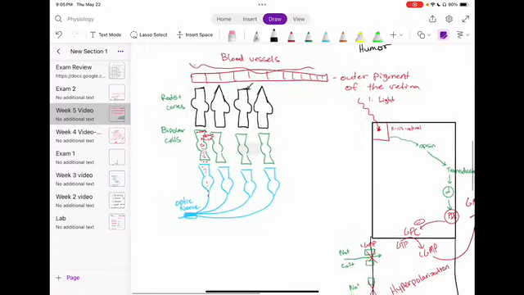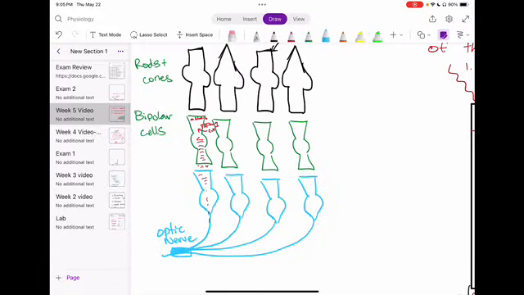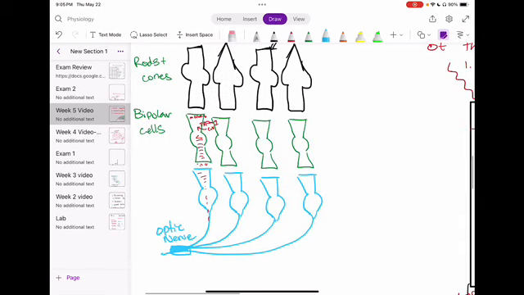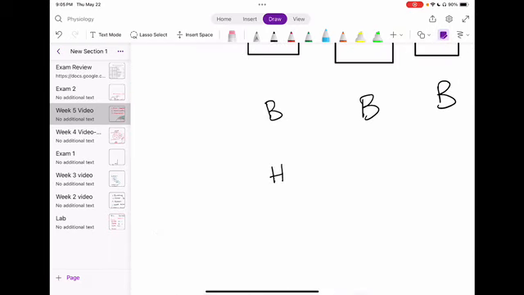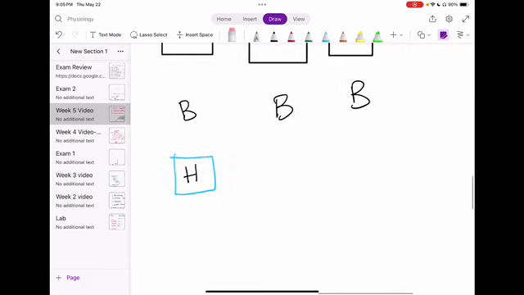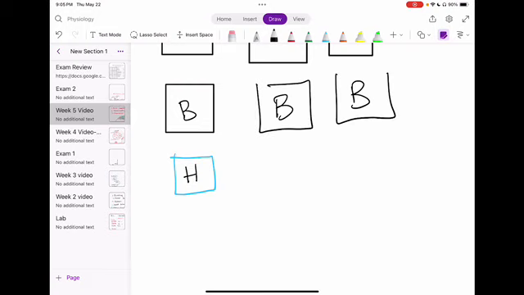So I could draw them here, these horizontal cells. All right. Horizontal, boxes. And this is our ganglion cell.